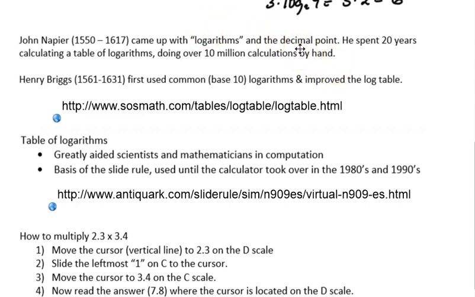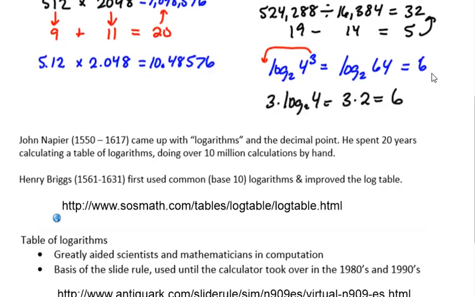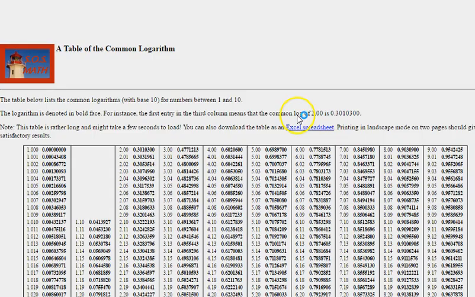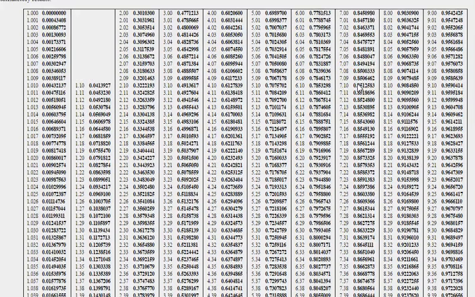He spent pretty much 20 years of his life calculating an immense table of logarithms, doing over 10 million calculations by hand, and then people were able to use his table to do these kinds of shortcuts. A contemporary of his named Henry Briggs first used the common base 10 logarithms, and he improved the log table until it looked more like this. So this is a base 10 log table.